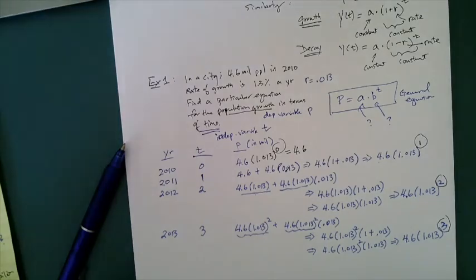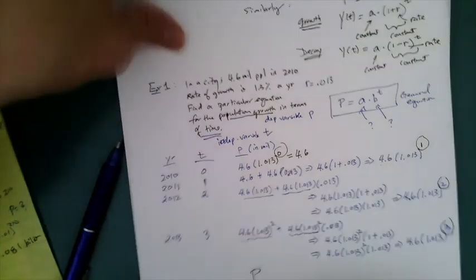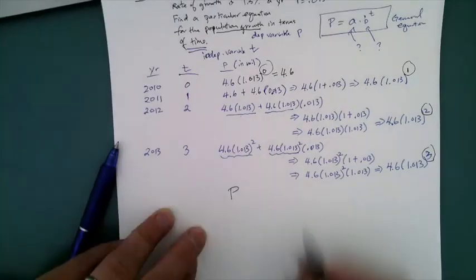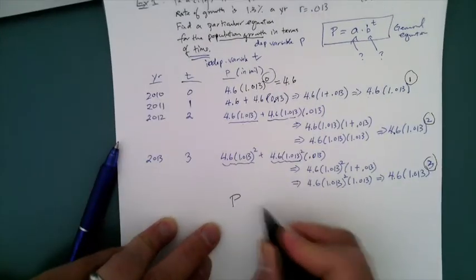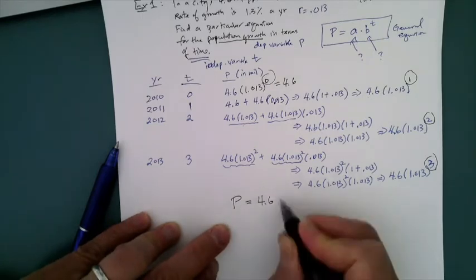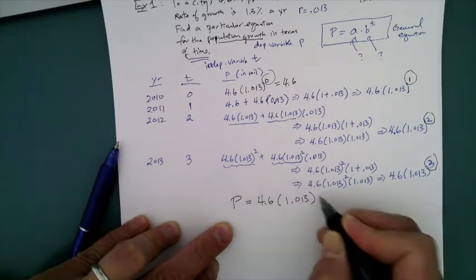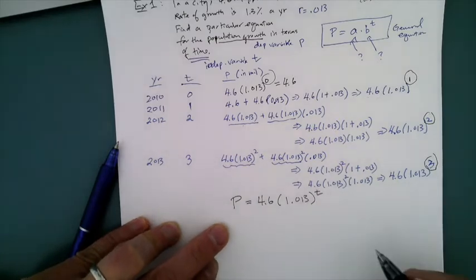And so what can we say about this? Well, perhaps P in this case is indeed 4.6 times 1.013 to the t power.